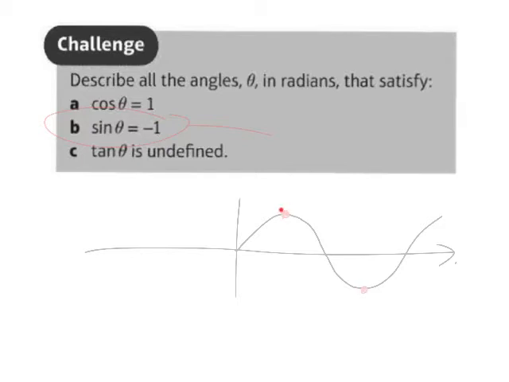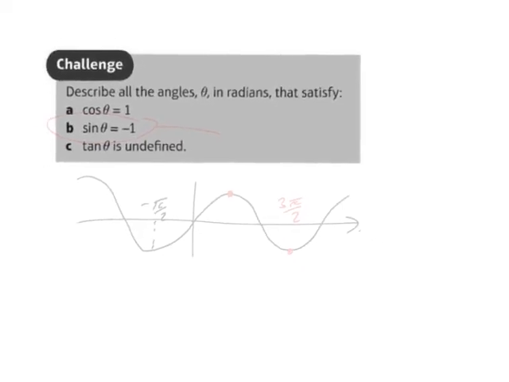So we're not after sine equaling 1, it has to be -1, which is the minimum points. That's where we have -1 on the y-axis. So our first angle in terms of pi is 3 pi over 2. And if we look at the negative one, it's going to be minus pi over 2 because it's minus 90 degrees.